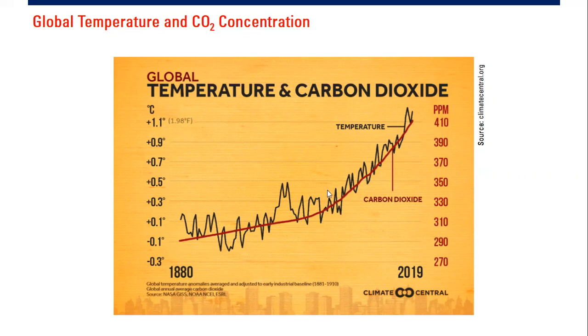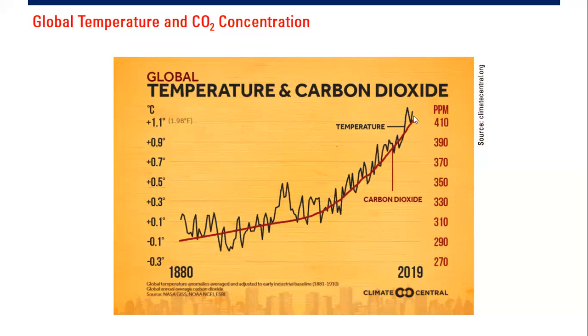So from this graph, we can see that there is a strong connection between the global temperature and the concentration of carbon dioxide in the atmosphere. And logically speaking, we can understand that because carbon dioxide is a greenhouse gas, the increase of its concentration will result in the increase of temperature.